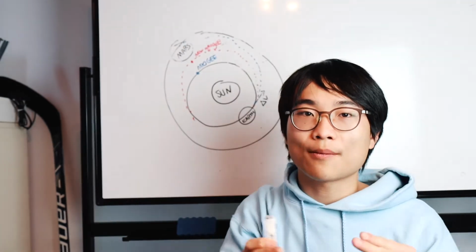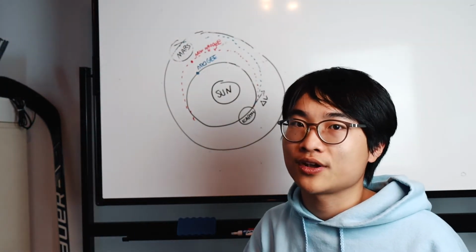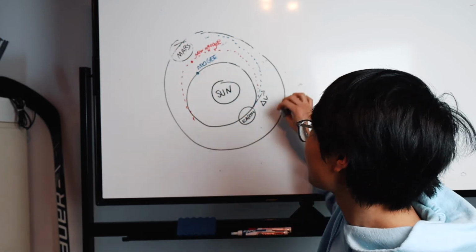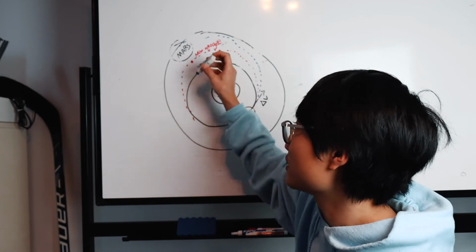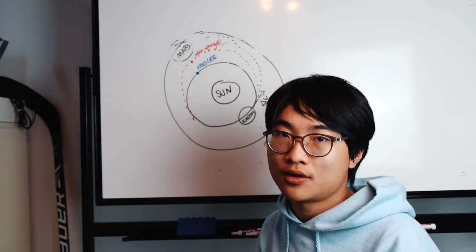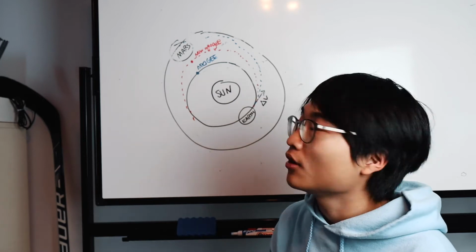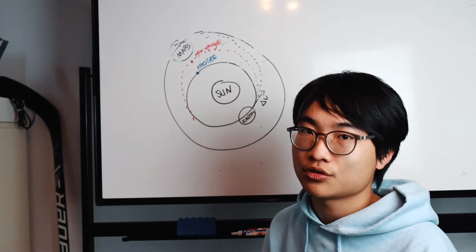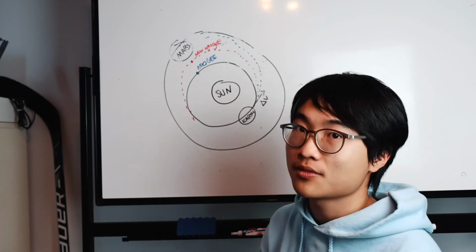And the Martian gravity will trap the spacecraft, preventing it from escaping. But we will explore this concept further, because technically it won't just trap the spacecraft, but it will do something called a gravitational slingshot.